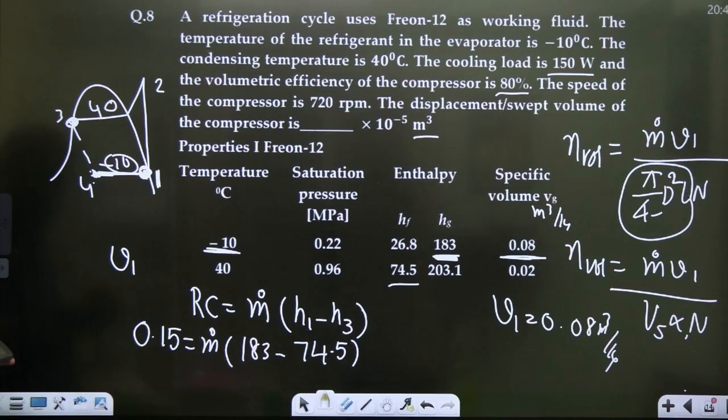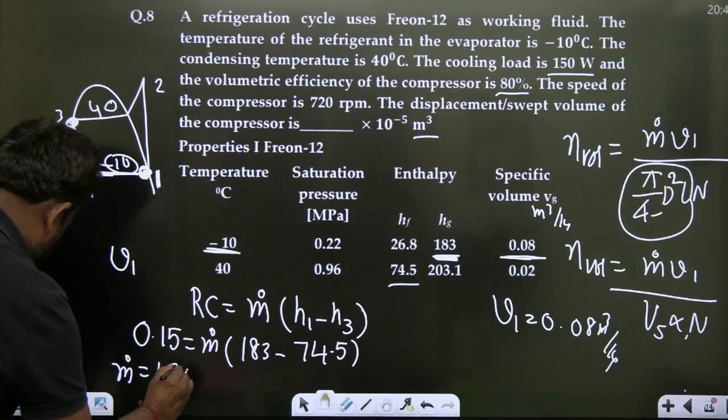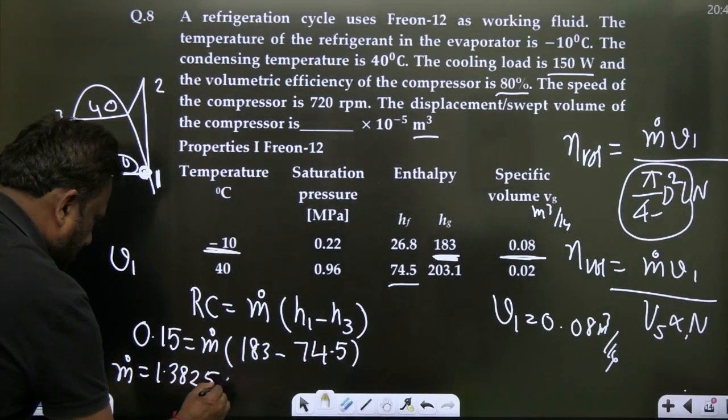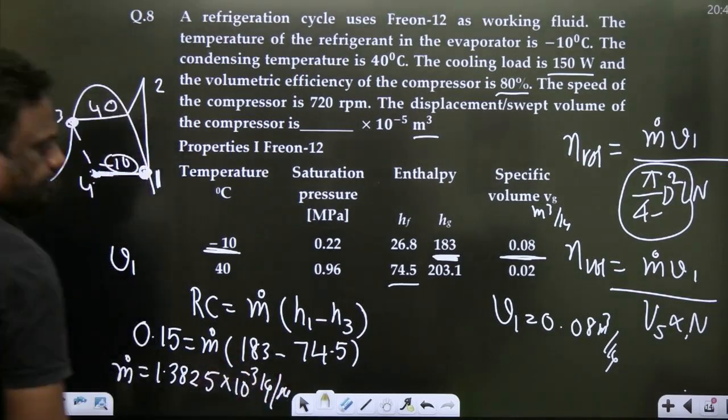I have not calculated, let me calculate. So it is 0.15 divided by 183 minus 74.5. The mass flow rate will be 1.3825 into 10 power minus 3 kg per second.